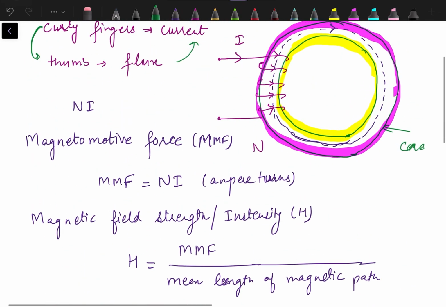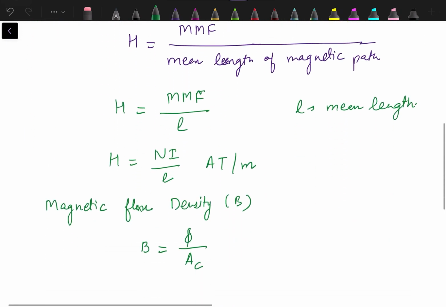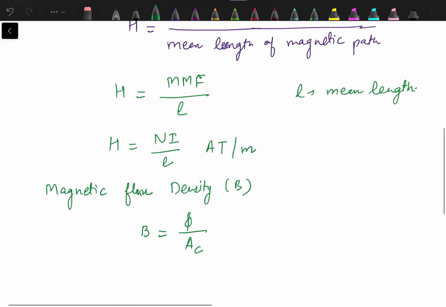So this AC is the cross-sectional area of the magnetic path. If flux phi is flowing through this, then we can find out the flux density.